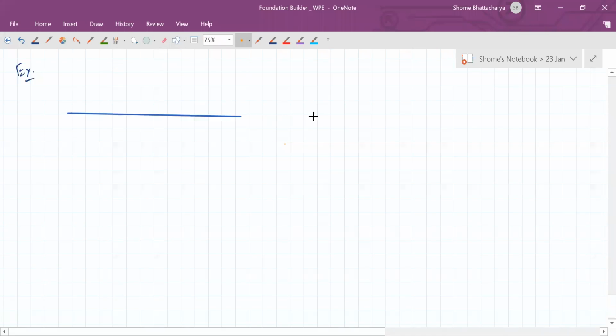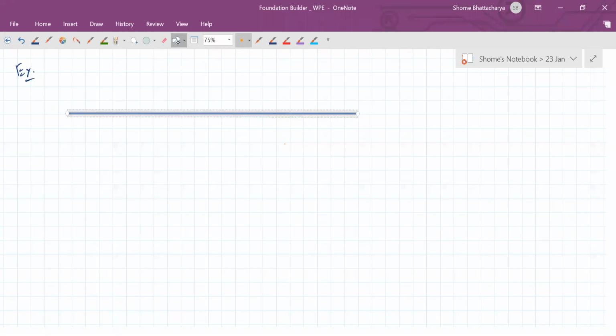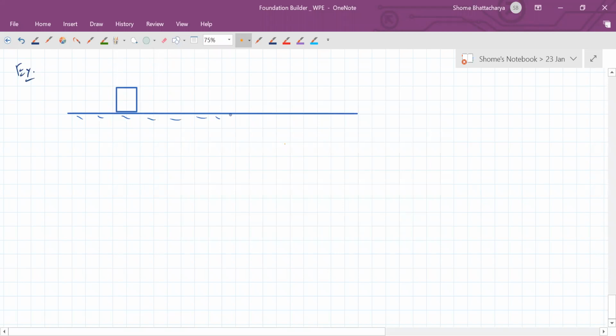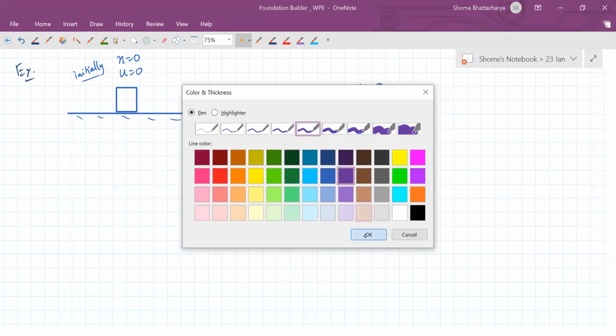So now we have this situation where the surface is smooth, okay, but a variable force starts acting on the block, instead of a constant force. So no friction, x equal to 0, u equal to 0 initially. But there is a variable force that starts acting on this block.